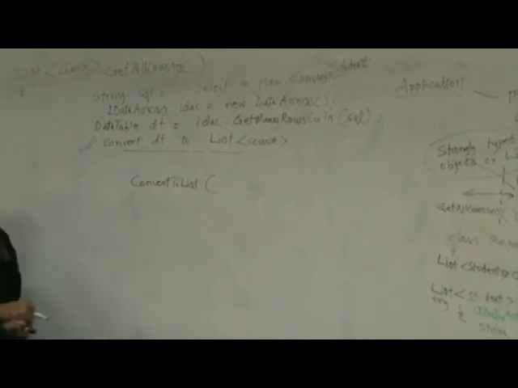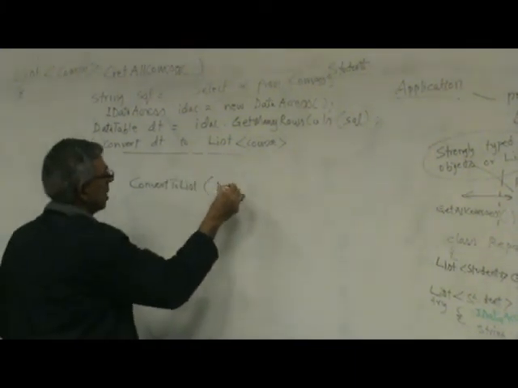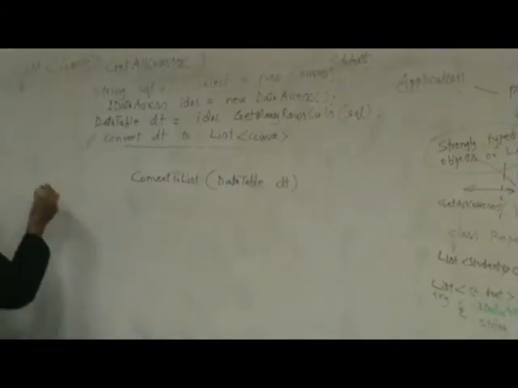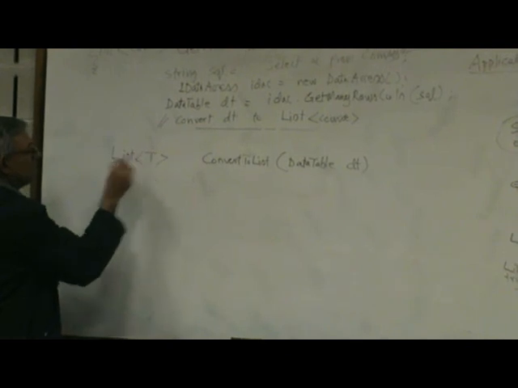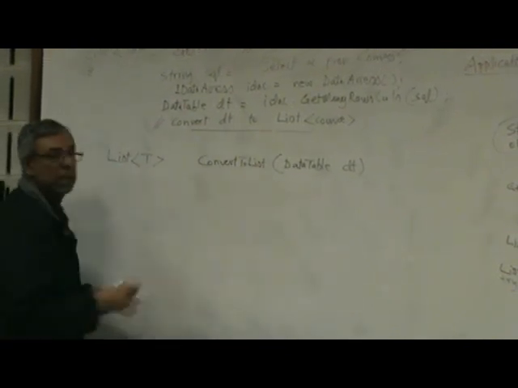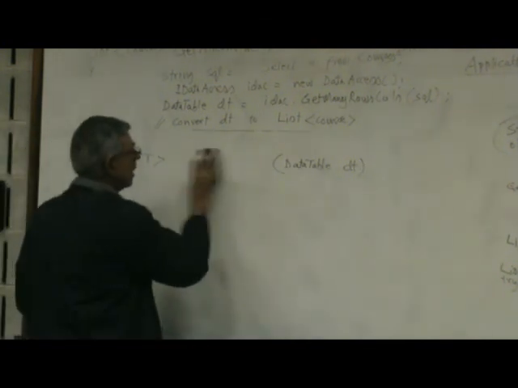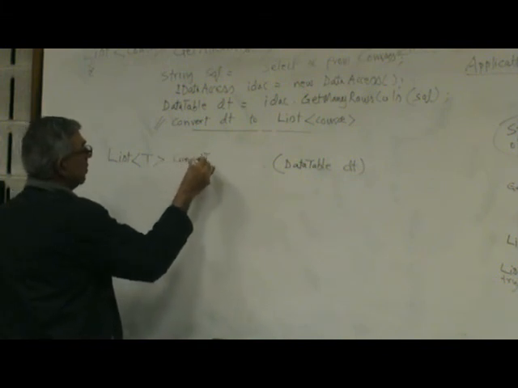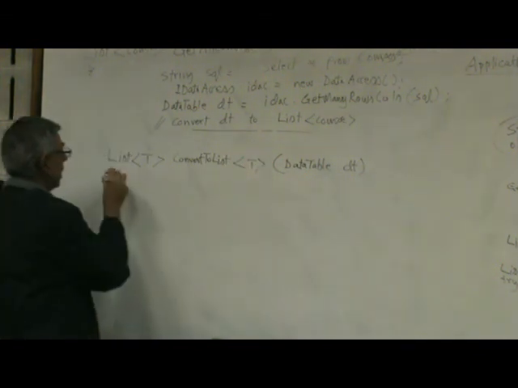What will be the input over here? Data table. What will be the output over here? List of T. Everybody agrees? And because it will be a generic method, after the name of the method, we have to put less than, greater than, T, right? So let me make it ConvertToList, and this will be list of T.